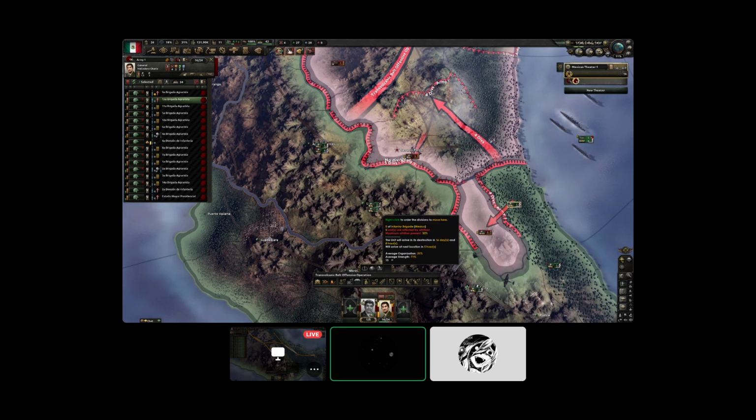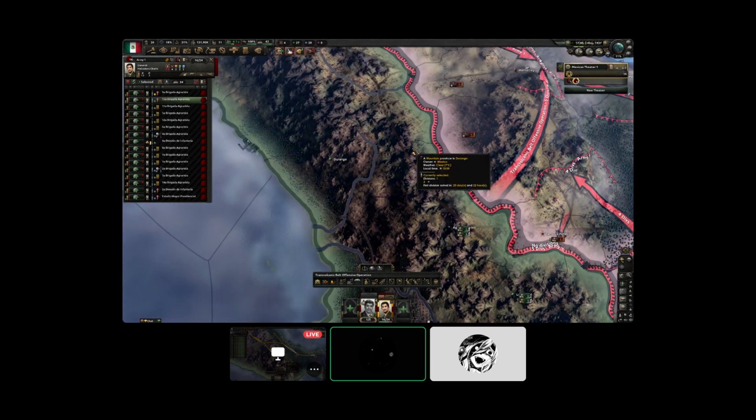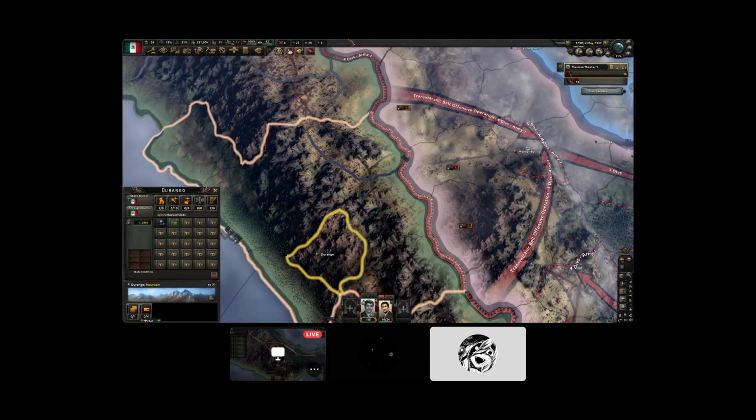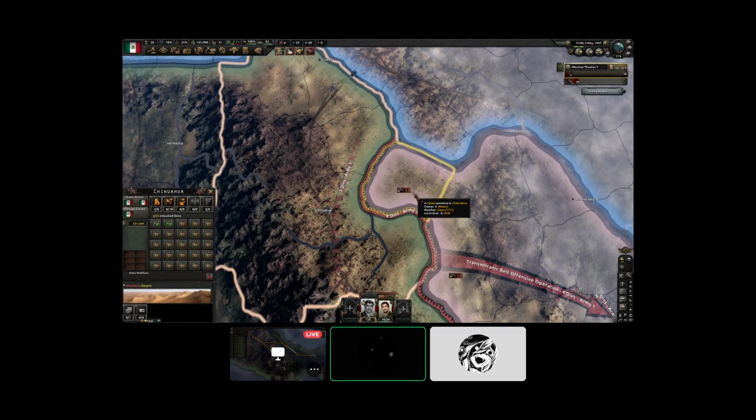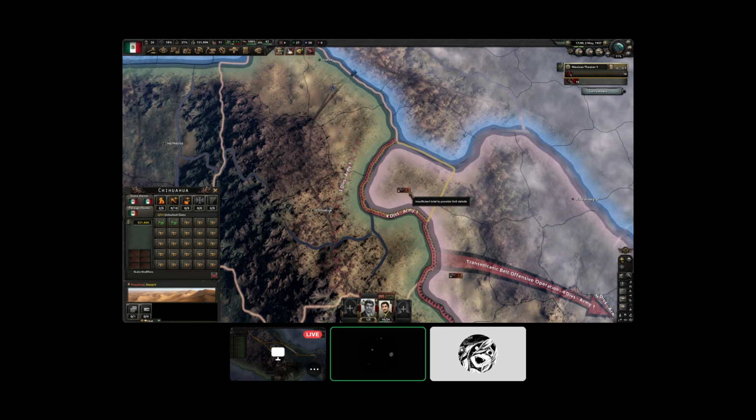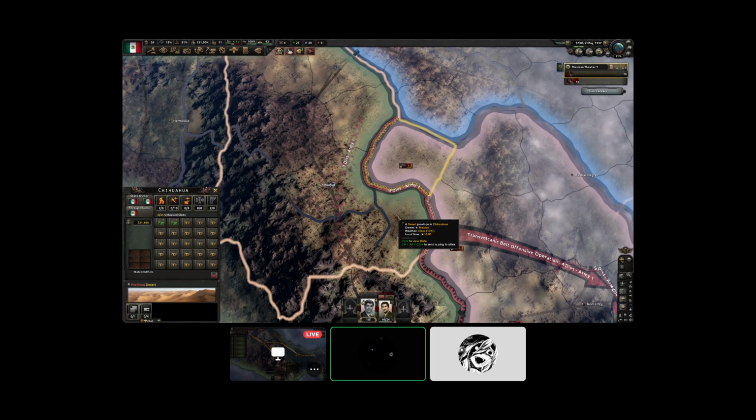You may want to also, if you look in the northwest, unselect those guys so you don't accidentally do weird stuff. Up here, the moment they took that province, it redrew the front line and extended it in a not great way. You may want to drag it back to the bottom right. You may want to control right click the front there.